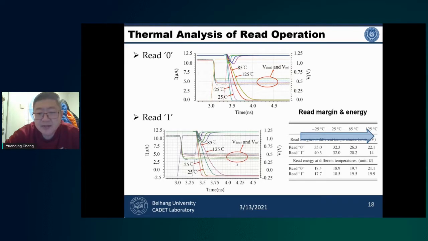At high temperature, the read margin shrinks so that it will be more difficult to read the data stored in the MTJ. And the read energy also increases because we spend much more time to read out the data. That also results in high read energy.